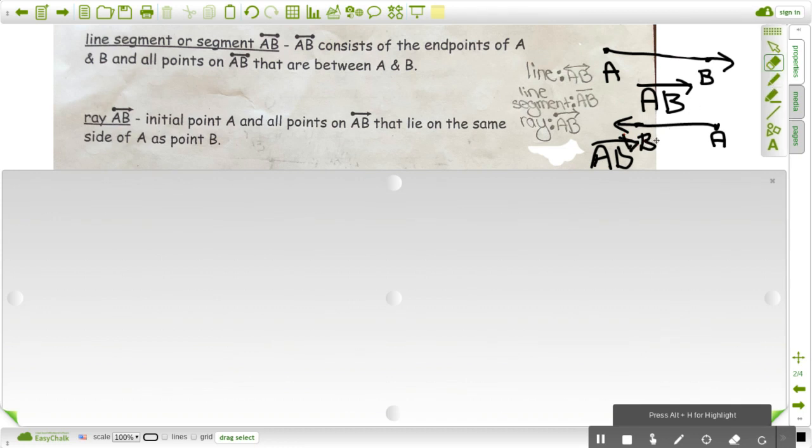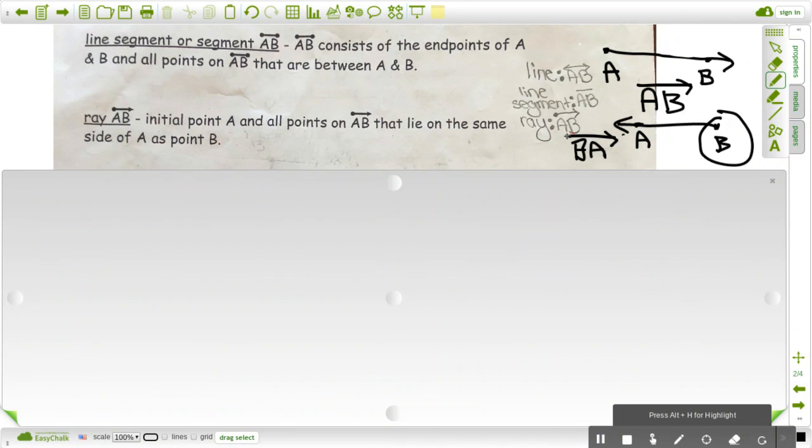But what if these two letters were switched? What I mean by this is, what if A was here and B was there? This wouldn't be the correct notation, or the correct way to write it. What you need to write is ray B, A. This is because if you look at it, B is the endpoint.